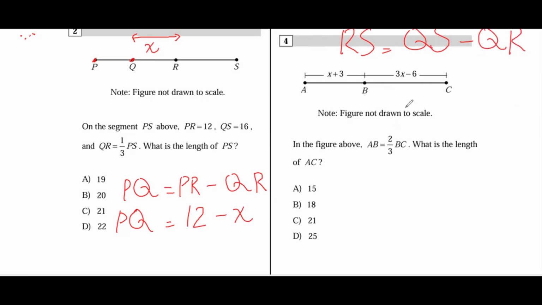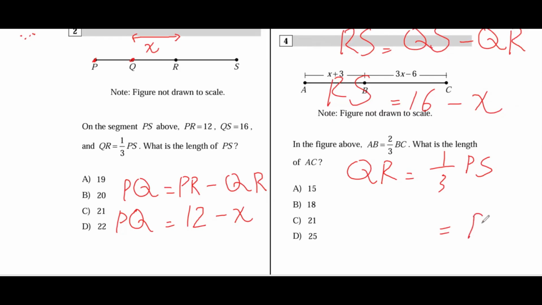QS we have given that is 16, and QR we suppose is X. So RS equal to 16 minus X. And now we have given that QR equal to 1 by 3 PS. So here we can find the length of PS.